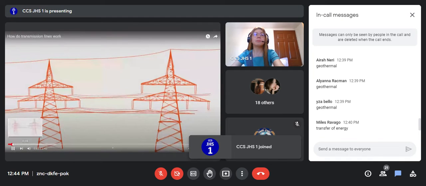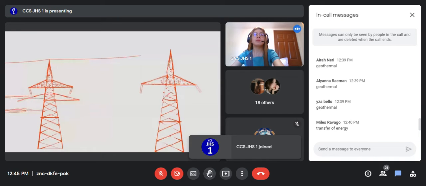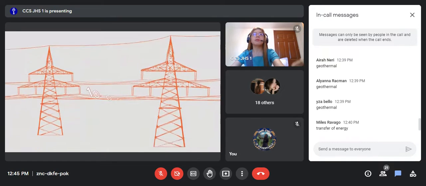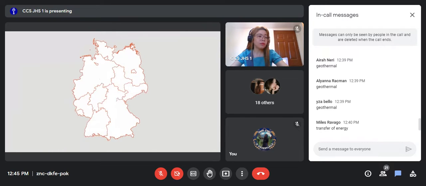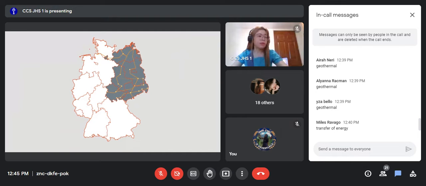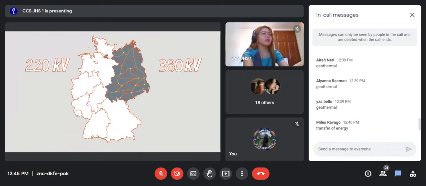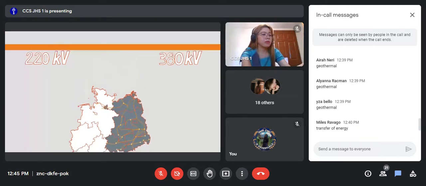Transmission lines work. How do transmission lines work? 10,000 kilometers. This is, for example, the distance between Rio de Janeiro and Berlin, or the length of 50 Hertz's extra high voltage grid that transports electricity with 220 or 380 kilovolt over large distances.